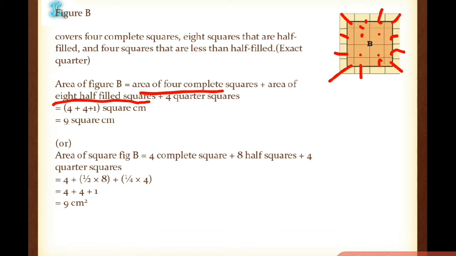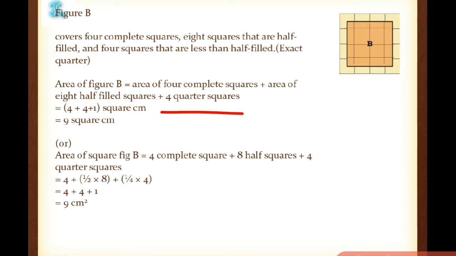How can we say that? Because as it is an exact square, we can say that. So, exact quarter. So, that can also be considered. How many quarter squares are there? 4. So, what do we have now? 4 complete squares, so 4 into 1, 4, plus the 8 half filled squares we counted here.